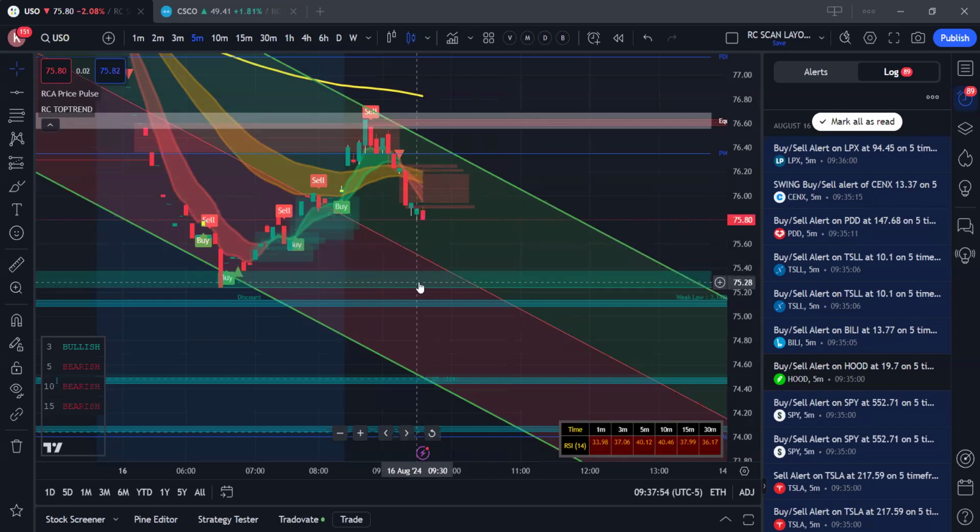So if it stays below 76, whatever premium you collected is completely yours. For example, let me see what is the premium for this USO. Yeah, for today it is approximately $25, $26 you can collect. So if the stock stays below 76, all the premium collected is completely yours.